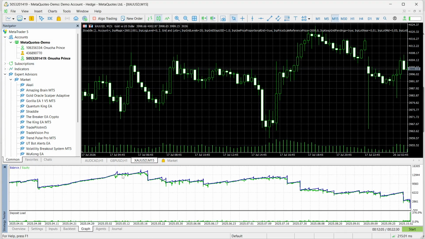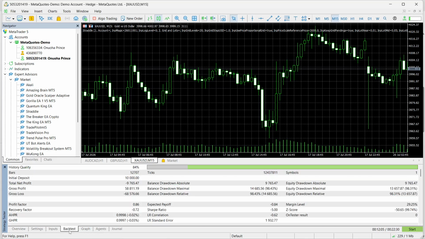Looking at my backtest for an initial deposit of $10,000, the equity curve started strong but then suffered a massive drawdown, ending with significant losses. Deposit load shows the characteristic spikes during news events when both sides of the straddle can get filled briefly. As for the stats, you can see that we had a net loss of almost $9,800.